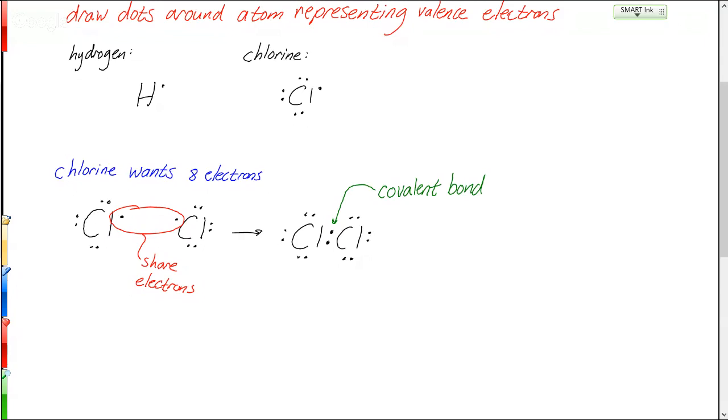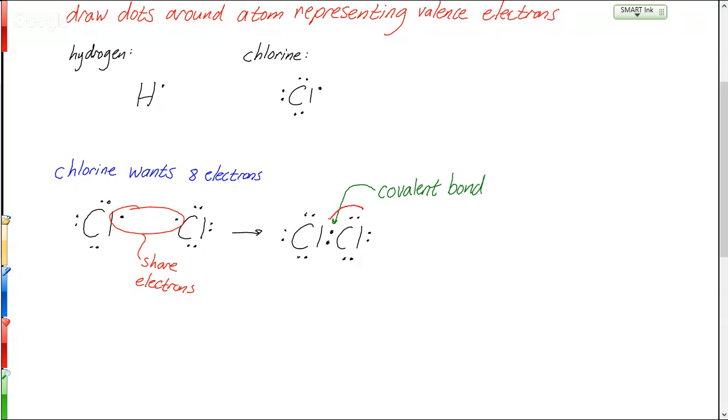Those electrons are in both atoms' valences. So that means when we recalculate the valence electrons in the actual compound, we can use those electrons for both atoms.